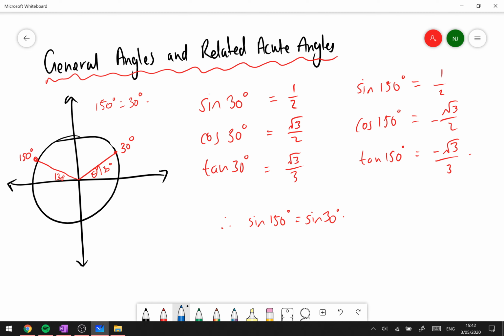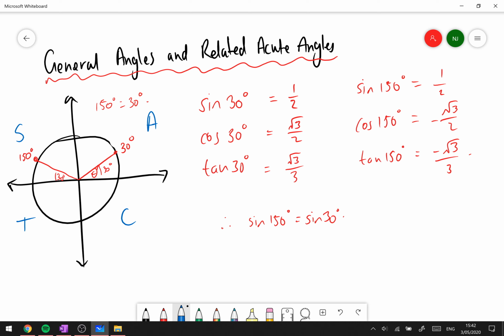So why is that? Well, going back to our trigonometric functions, remember we worked out that all stations to Central, or all stations to Coaldale, tell us what our trigonometric ratio is going to be. Is it going to be positive or negative? The only thing that should be positive in the second quadrant are all of our sine values.